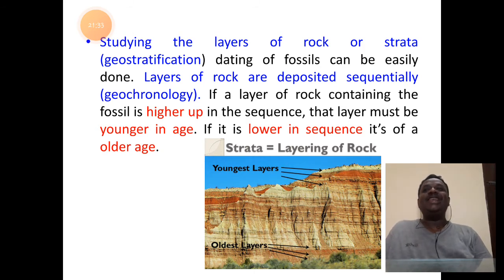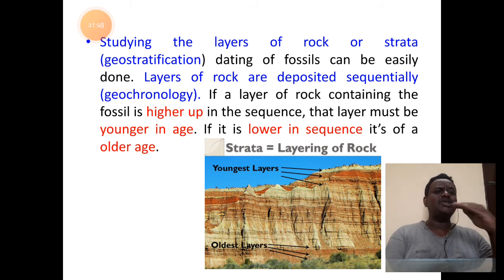Well, relative dating is also done by studying the layers of rocks, called geostratification. Stratification is layering, geo means earth. So studying the layers of the rocks of the earth, or strata, we call geostratification.